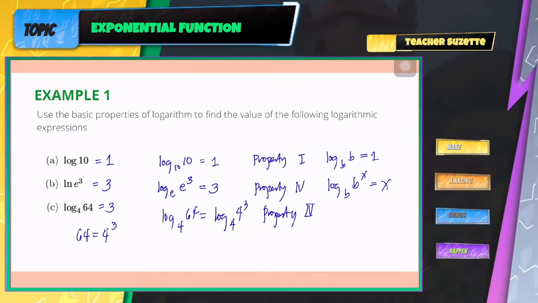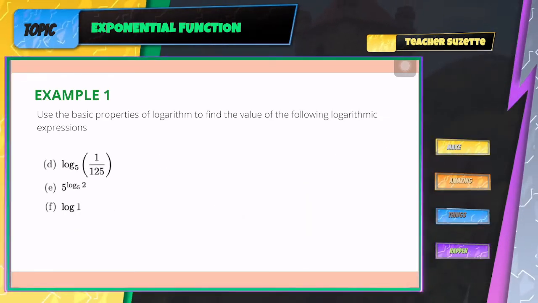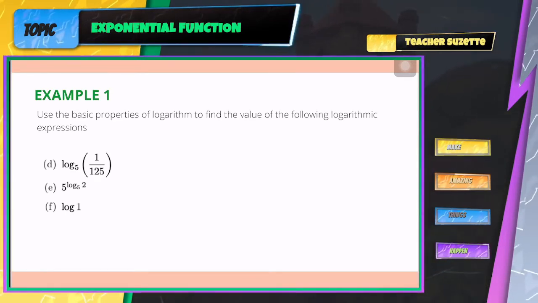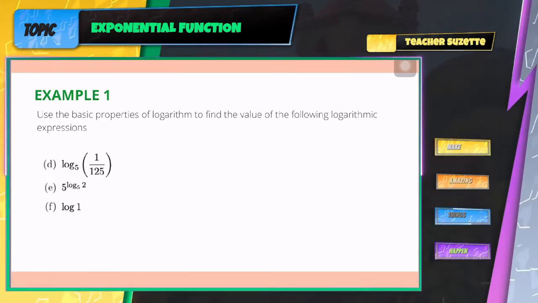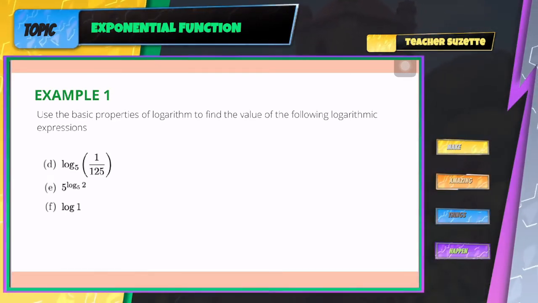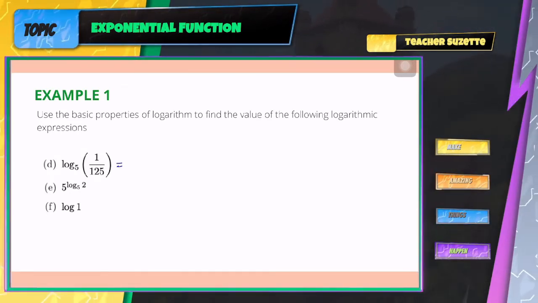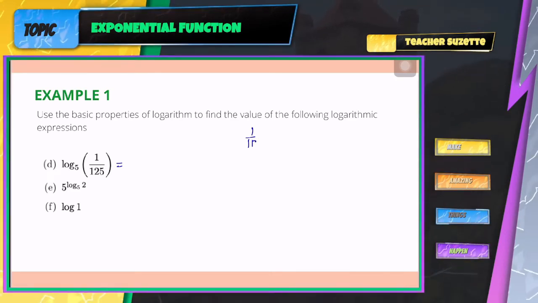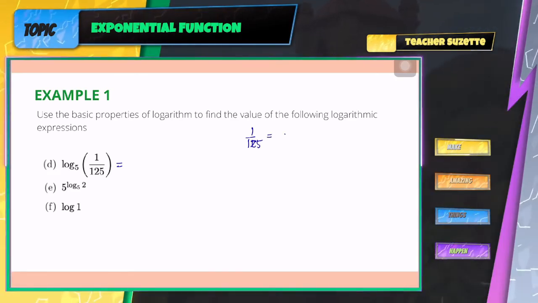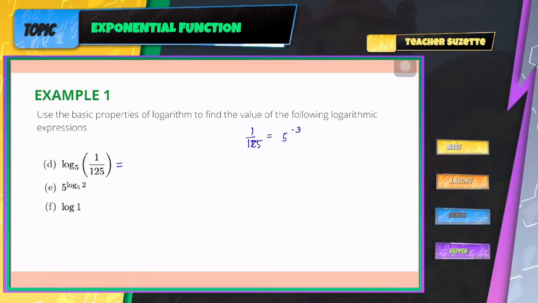So let's continue. We have the logarithm of 1 over 125 base 5. Let's solve for its value. 1 over 125 can be expressed as 5 raised to negative 3.